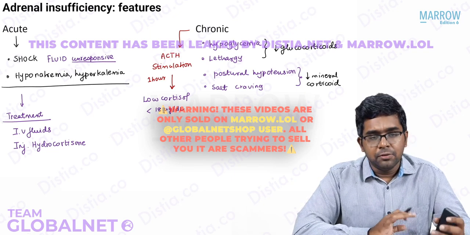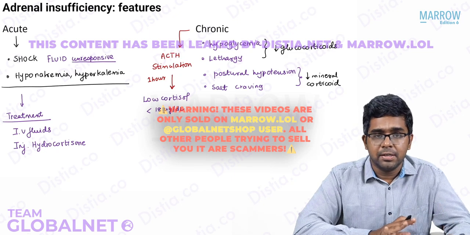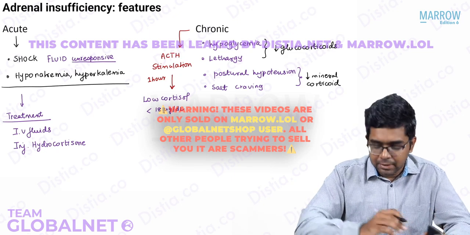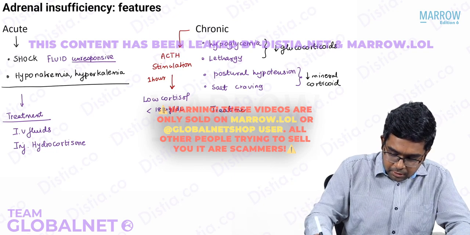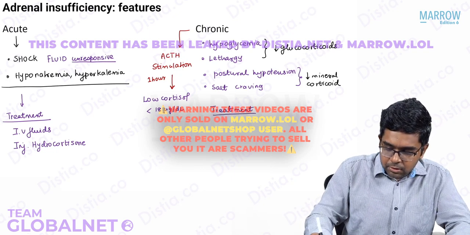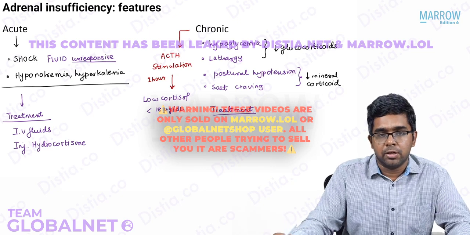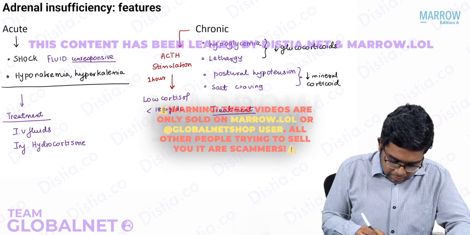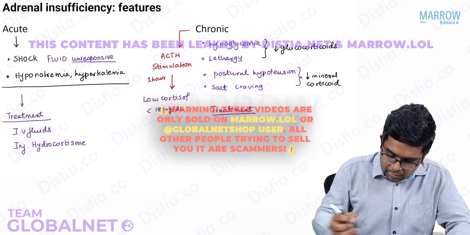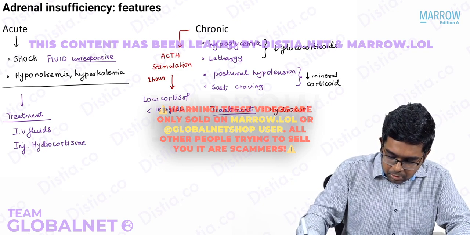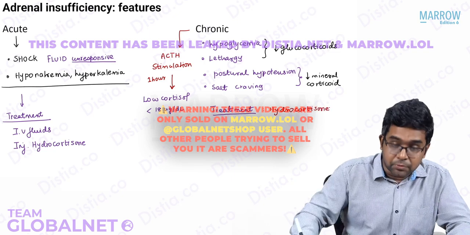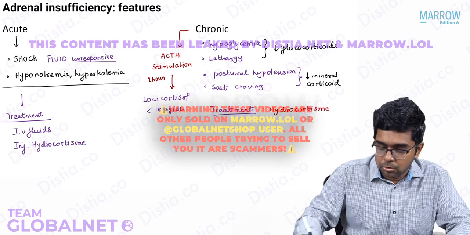Okay, now if you have diagnosed a case of chronic adrenal insufficiency, obviously the treatment is replacement of deficient hormones. You have deficiency of glucocorticoid as well as mineralocorticoid. So glucocorticoid is generally replaced in the form of hydrocortisone, and mineralocorticoid is replaced in the form of fludrocortisone.